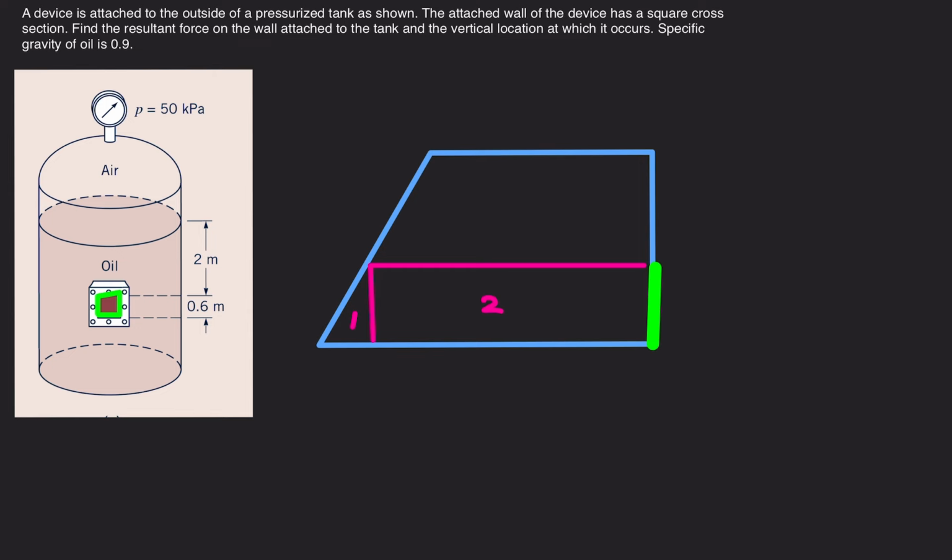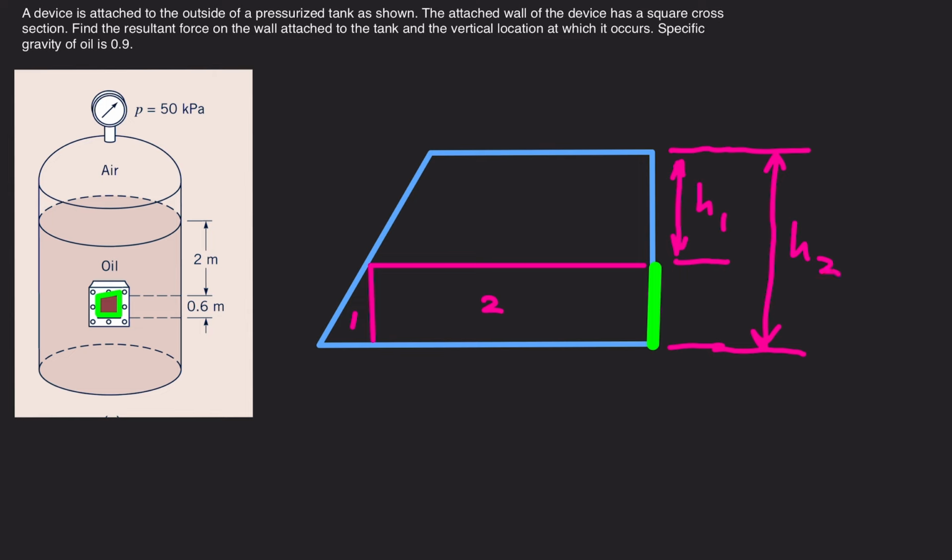And I'm going to keep everything in terms of variables here. So let's see, from here to here, we'll call this one H1. We'll call this one to the bottom of our surface H2.